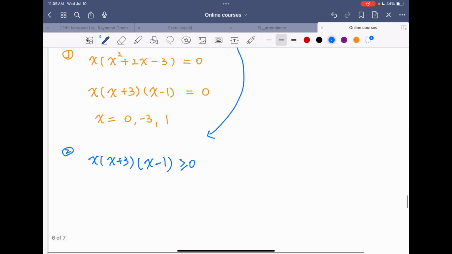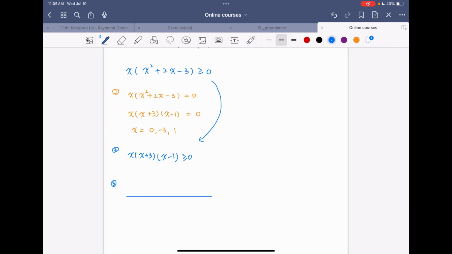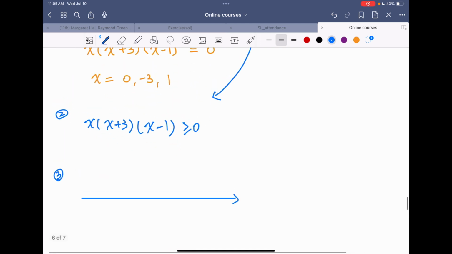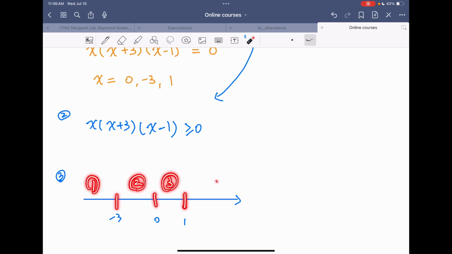Okay, then step 3, we're going to draw a line, a graphic number line, and then we point all the numbers we got here on here. So we got negative 3, 0, and 1. Okay, and at this point it cuts the line into 4 parts: 1, 2, 3, and 4.